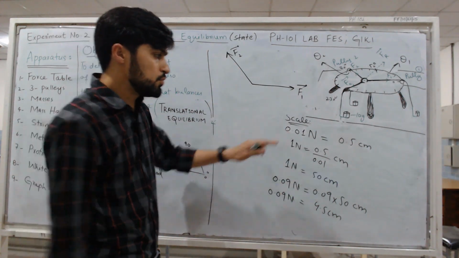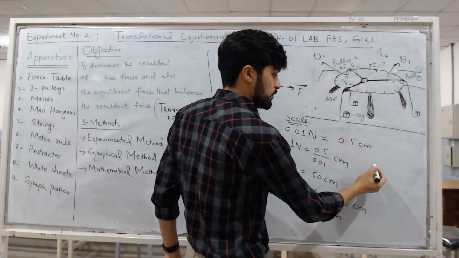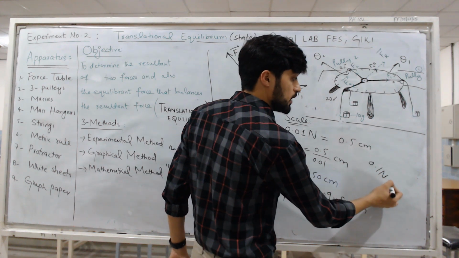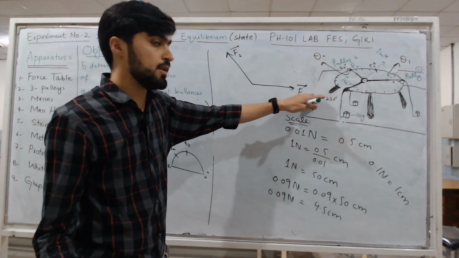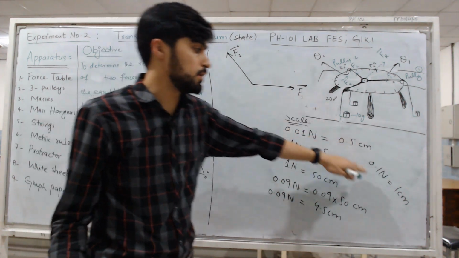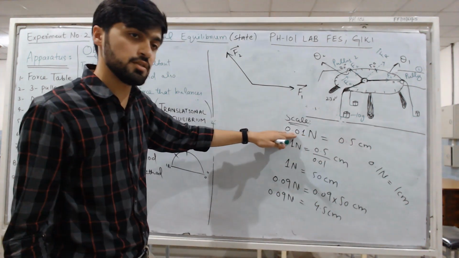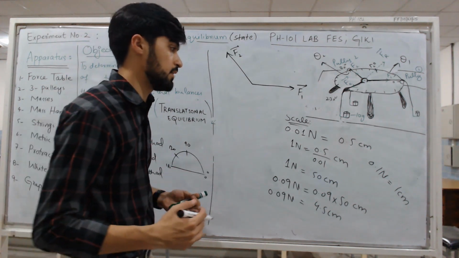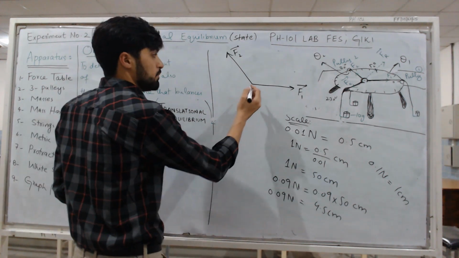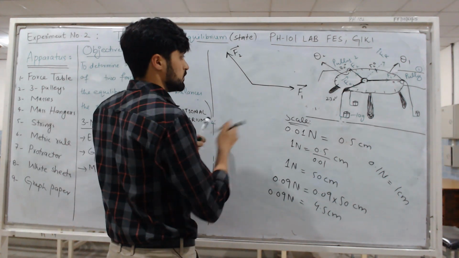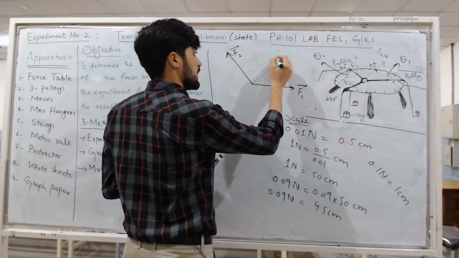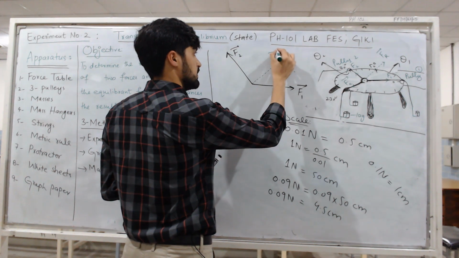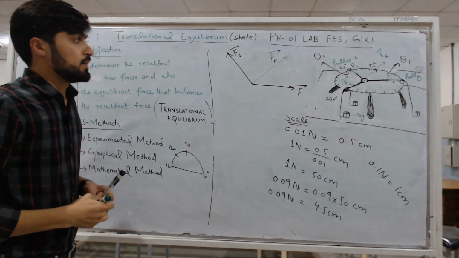So if you are not using this way, you can use, let's say, 0.1 Newton equal to 1 centimeter. It depends on what your value of the force is. Maybe you are using this one, maybe some other scale. So the magnitude of the resultant of these two forces will be here. F R. This is the resultant, right?